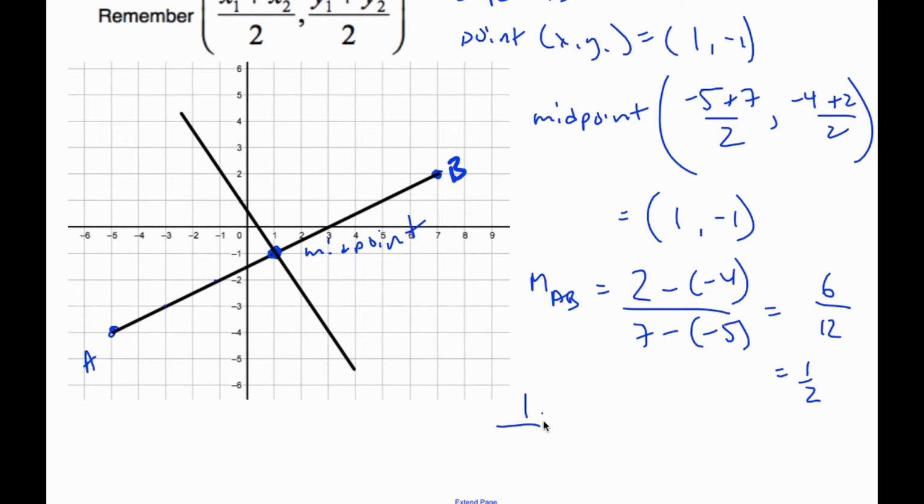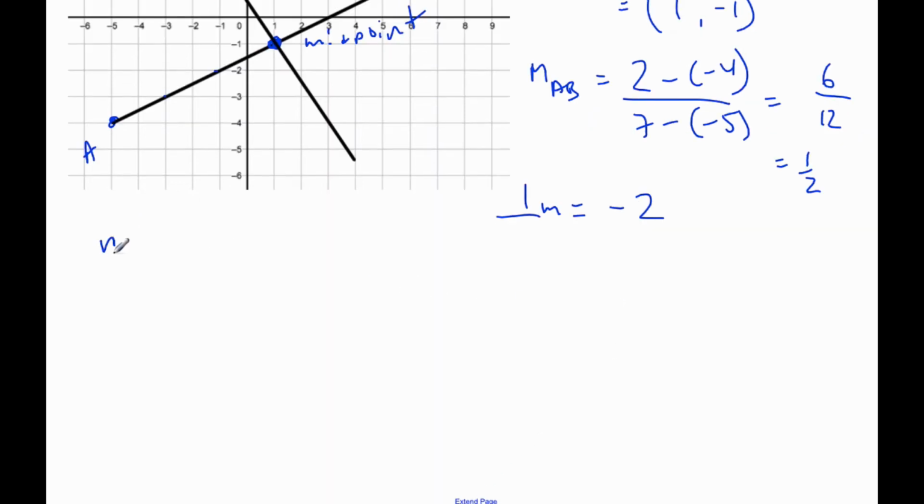So my perpendicular slope is the negative reciprocal. So this is going to be up or down 2 over 1. And then you can see it's a little bit off on my sketch. But now I have my slope. My slope is equal to -2. My point is 1 comma -1. Using my equation of a line, I can plug it in.